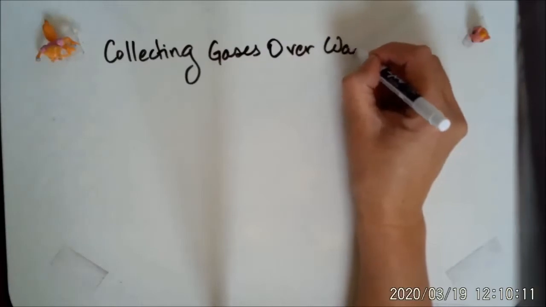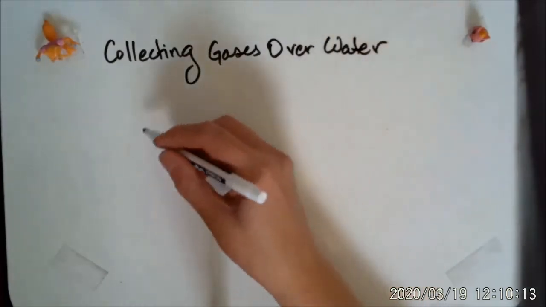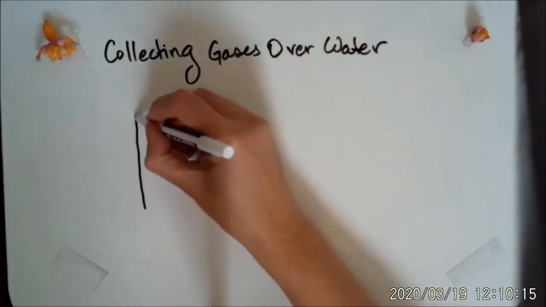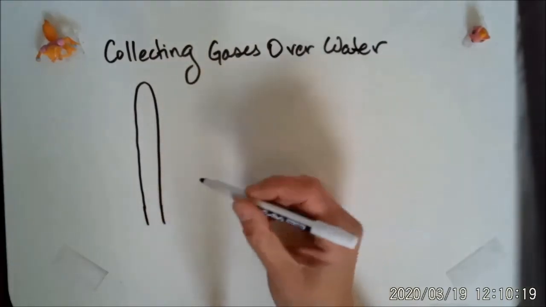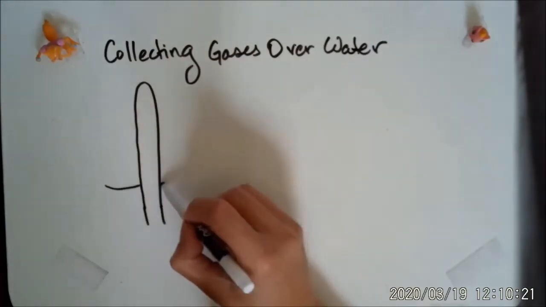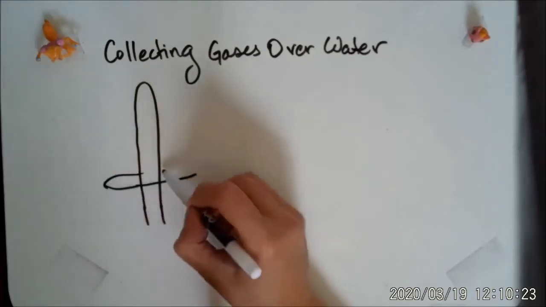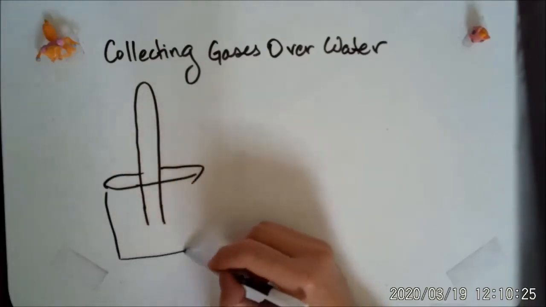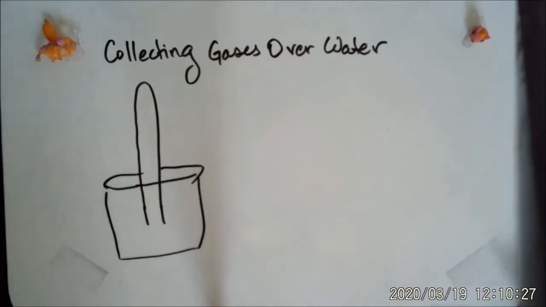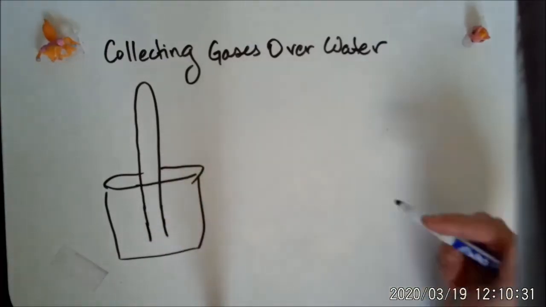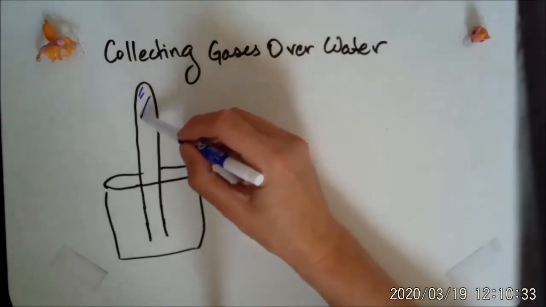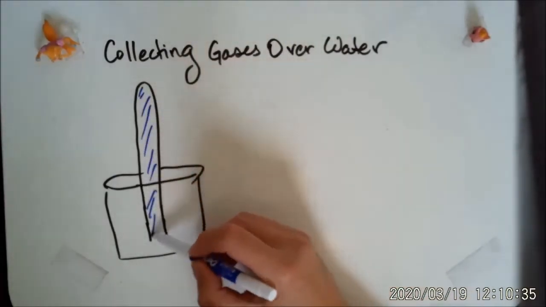So this is how it works. Suppose you have a gas collection tube in a beaker. Okay, and what you've done is you've filled this completely with water.